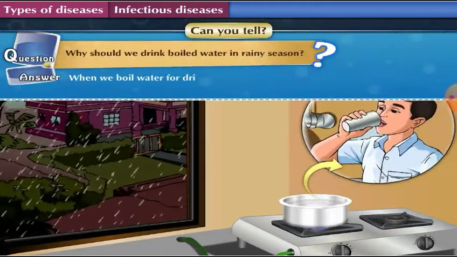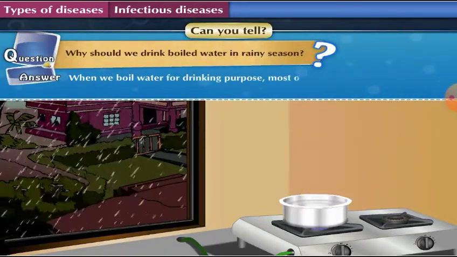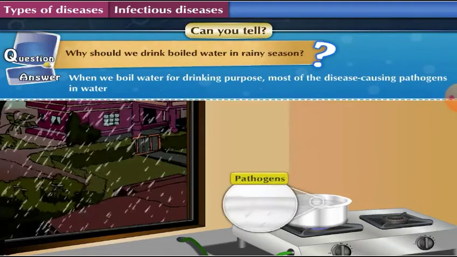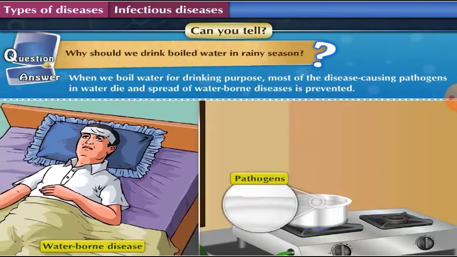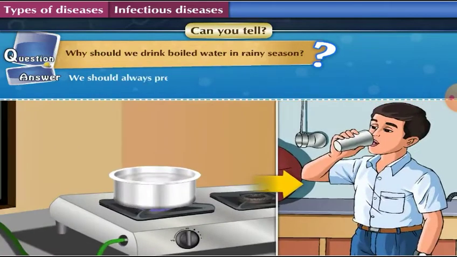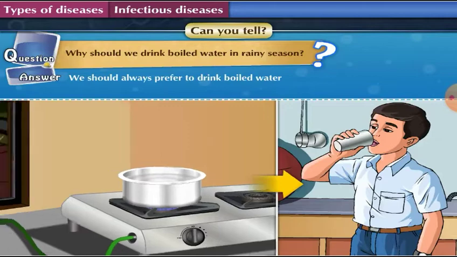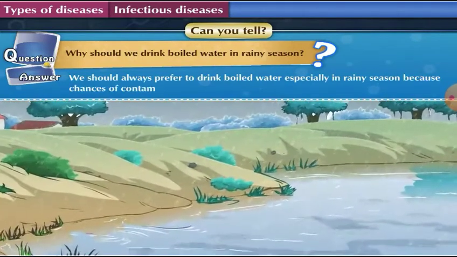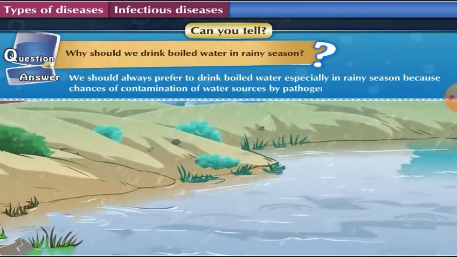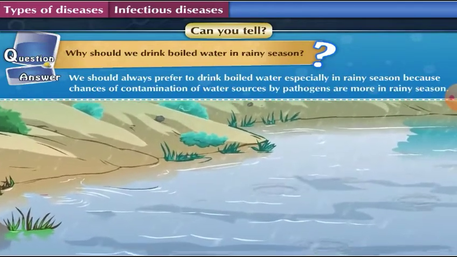When we boil water for drinking purposes, most of the disease-causing pathogens in water die and the spread of waterborne diseases is prevented. We should always prefer to drink boiled water, especially in rainy season, because chances of contamination of water sources by pathogens are more in rainy season.